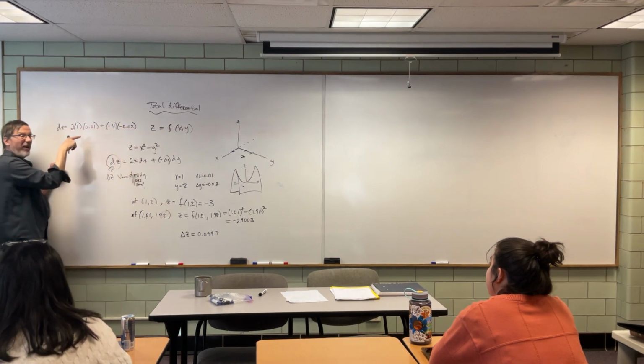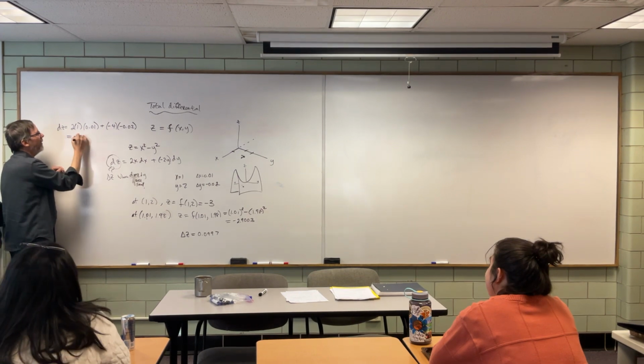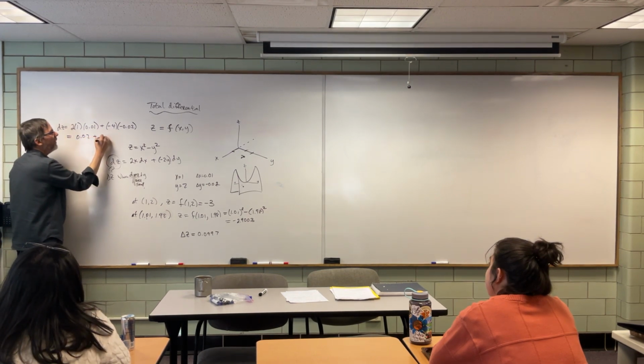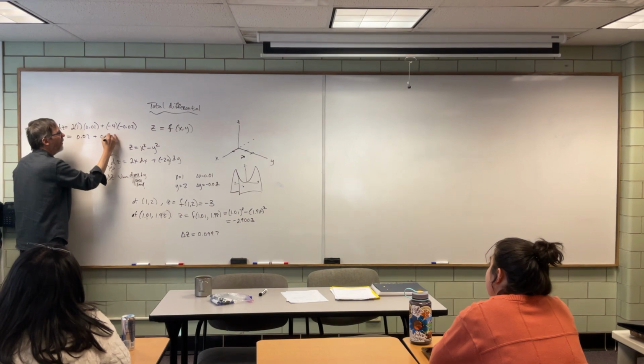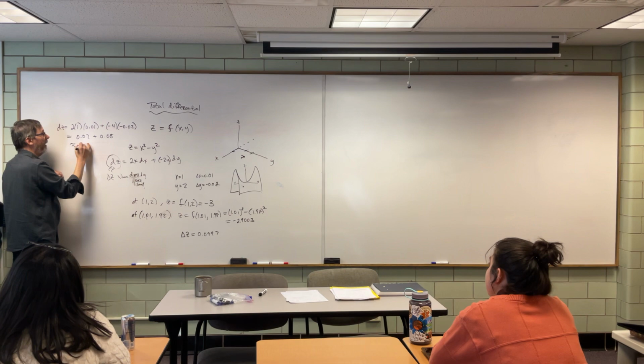We can do this all in our head. These are lovely little numbers here. So this is going to be 0.02 plus 0.08. And so we get an estimated change of 0.1.